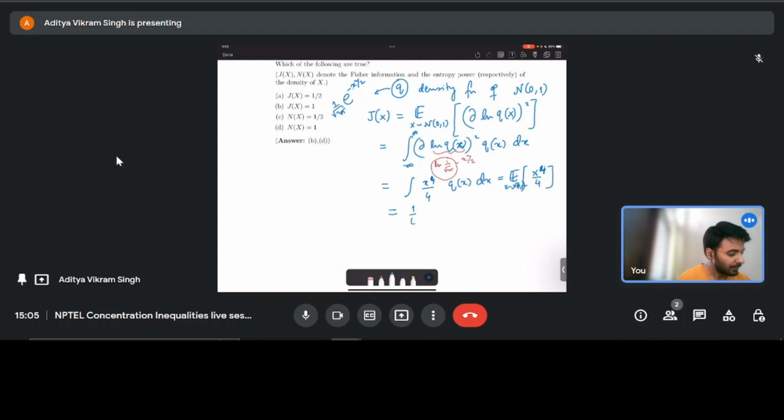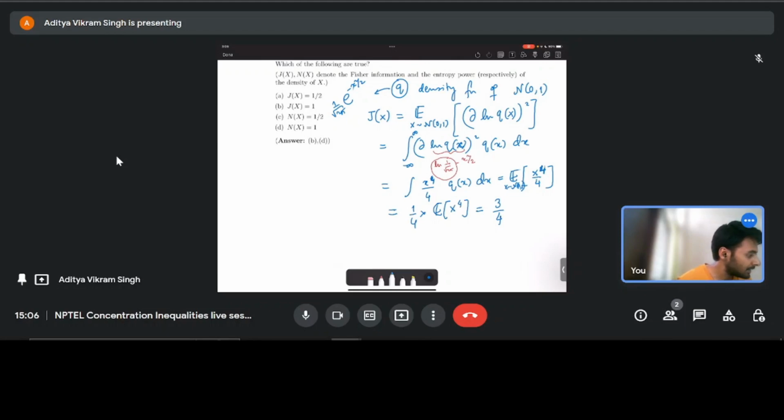I think it's 3. So 1 by 4 into the expected value of x power 4, which would be 3 by 4, which doesn't match any of these answers here.